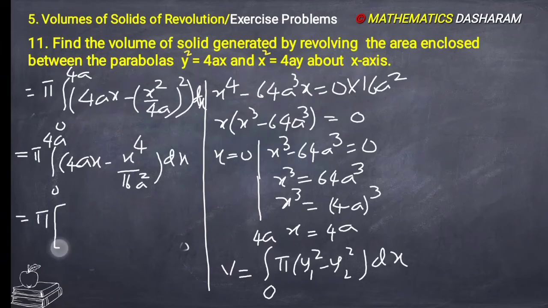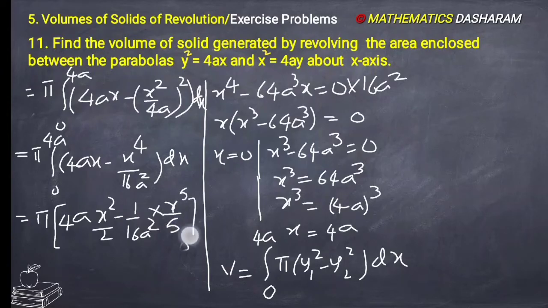So pi bracket of 4a into x squared by 2. The integration of x is x squared by 2. Next here 1 by 16a squared into integration of x to the power of 4, which is x to the power of 5 by 5, here 0 to 4a.